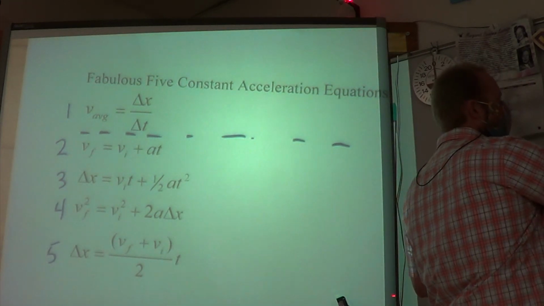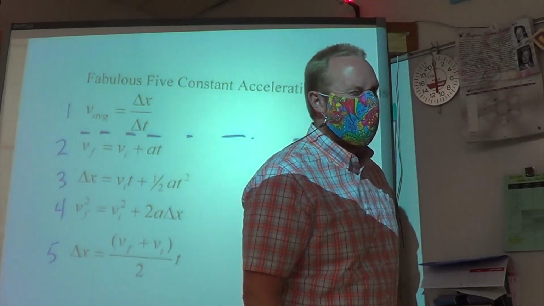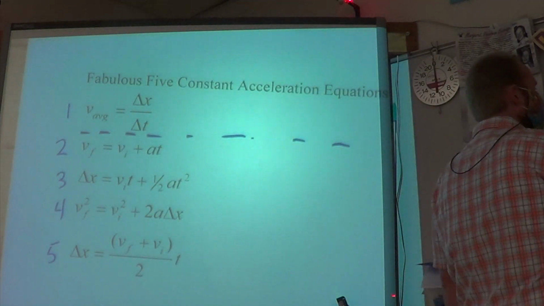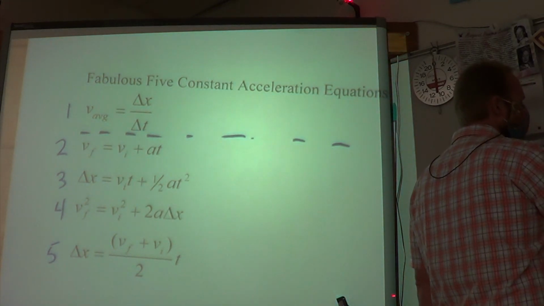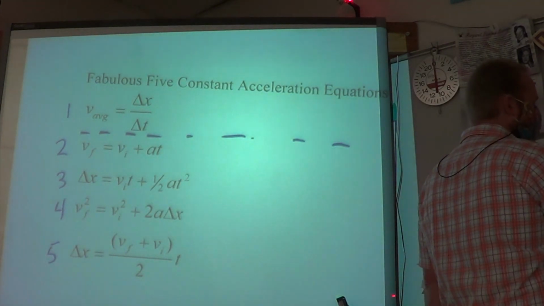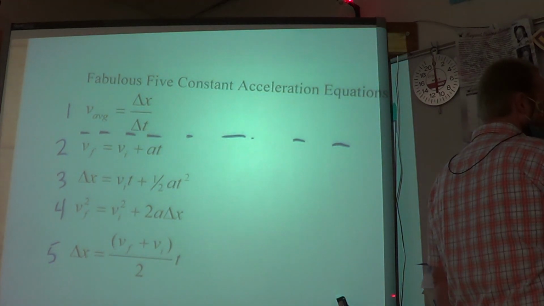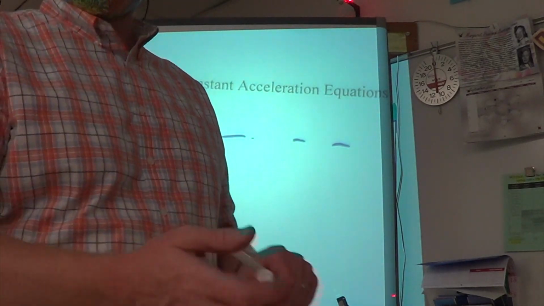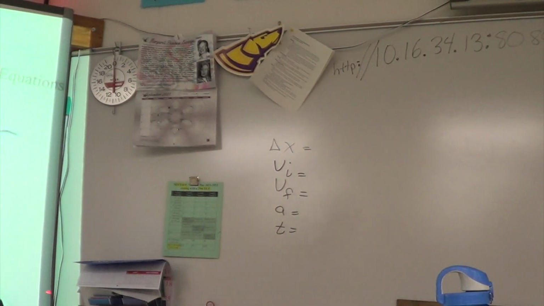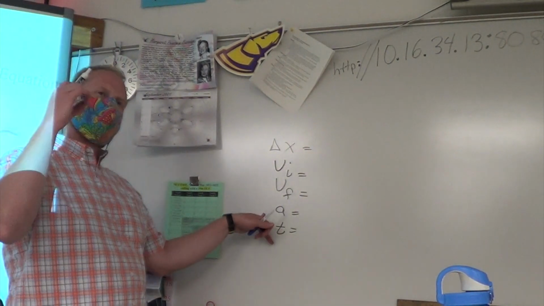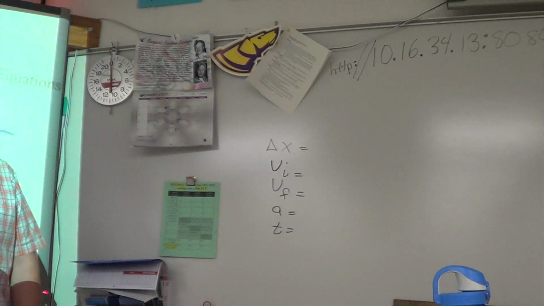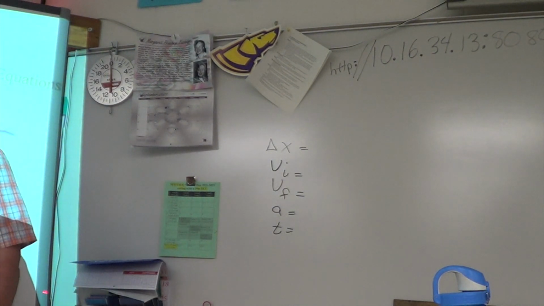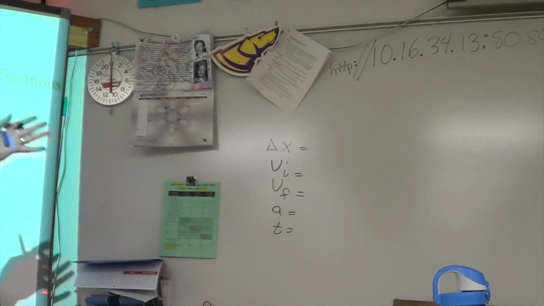And after how many years I've been doing it, I think this is year 14, no, this is starting my 15th year of teaching physics, I've gotten to the point where I figured out what tends to be the best and tends to give us the most success. So each and every time I do a problem, I make this list of variables, and I list it in the exact same order every single time. When we go through a problem or two today, I'm going to do that. And even after doing this for however many years I just said, I still do this.